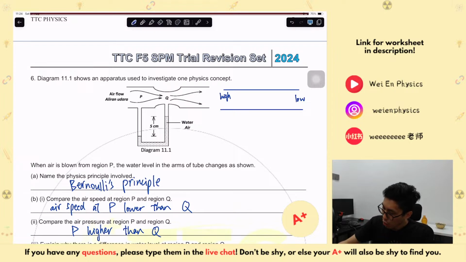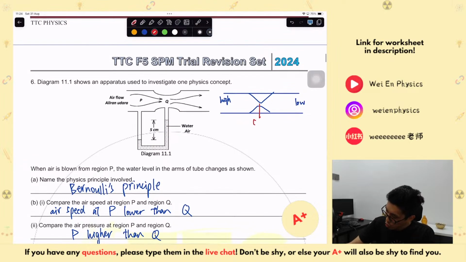It's just that whenever you make this thing smaller, you are making this super low pressure. Do you understand? Wait, let me look at this again. Airflow, high pressure, low pressure.